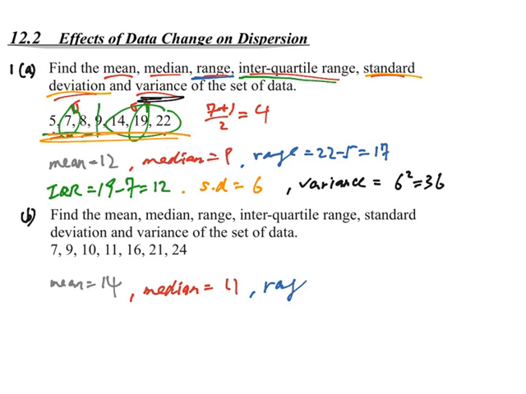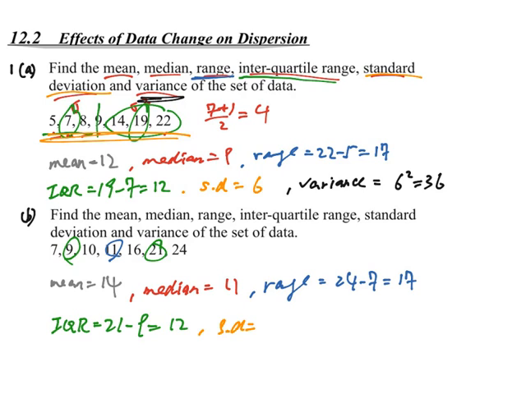And for range, it is 24 minus 7, so it is 17. And then for interquartile range, this one minus this one, 21 minus 9, so it is equal to 12. And for SD, it is equal to 6. And for variance, 6 squared, so it's 36.